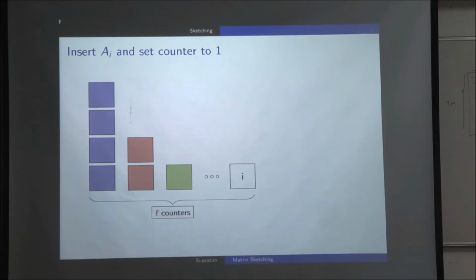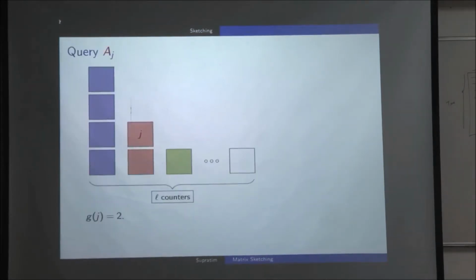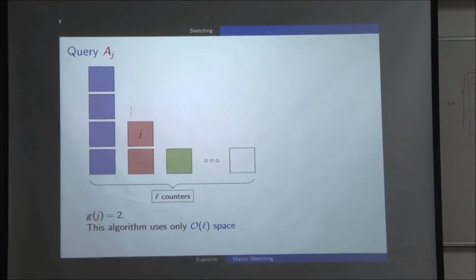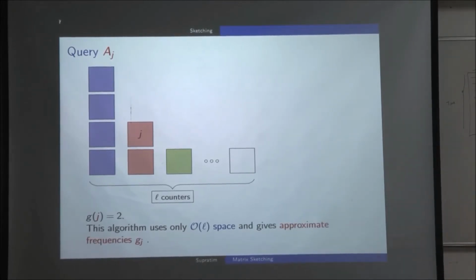Now if you want to query about any particular item, we just query and return the last count that we had. This algorithm uses L counters, so it will take order of L space, but it will give you an approximate frequency. It will not give you the exact frequency because we are deleting count values in some situations.